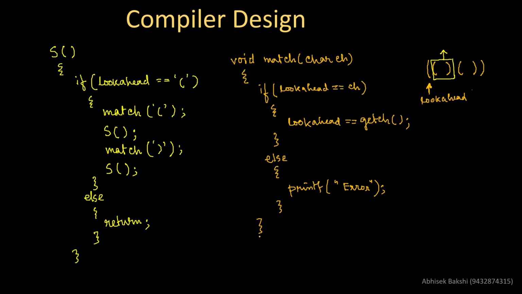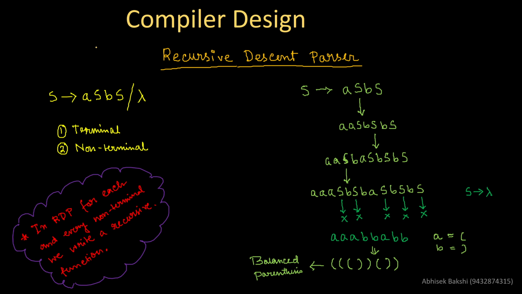The reason is that from where will this S function get called, who will call this? If I consider a simple C program, I must have a main function, right? From where the exploration will start. I mean, this S to ASB, how is it started?